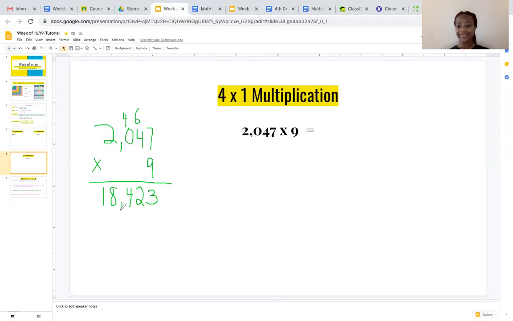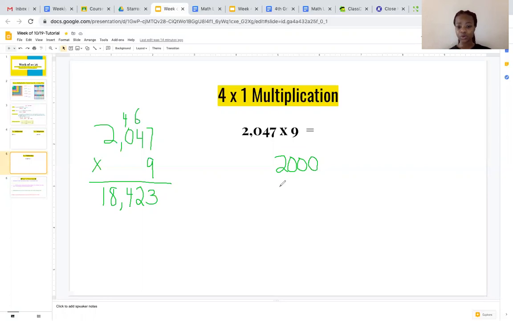So it's very likely that when you learned, this is the way that you did it, which is great, which is fine. But we also really want our kids to understand how 18,423 came to be the answer. So we're going to, right, break each digit in the larger number by place value or expanded form.